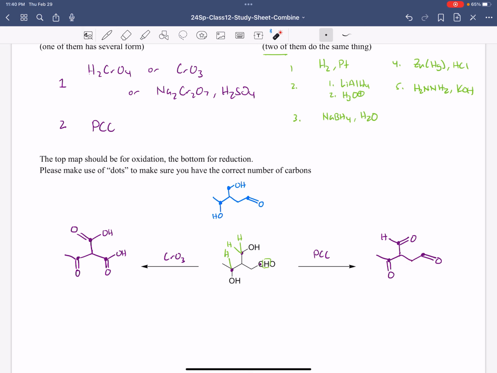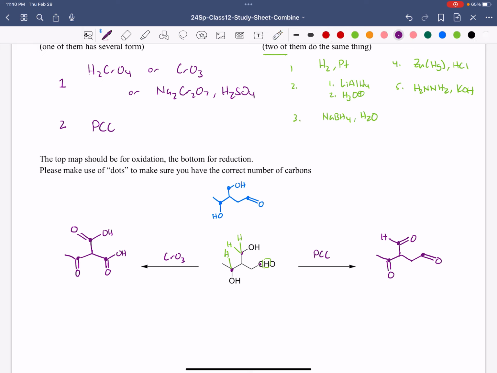That's the only difference for this molecule, this group up here, the primary alcohol. Oh, and also this aldehyde here. It's not oxidized with PCC, but it is oxidized with CrO3.